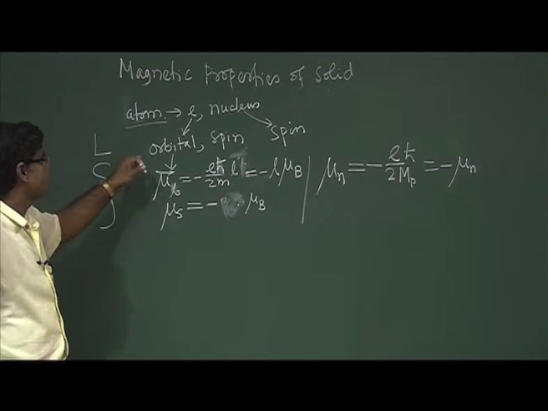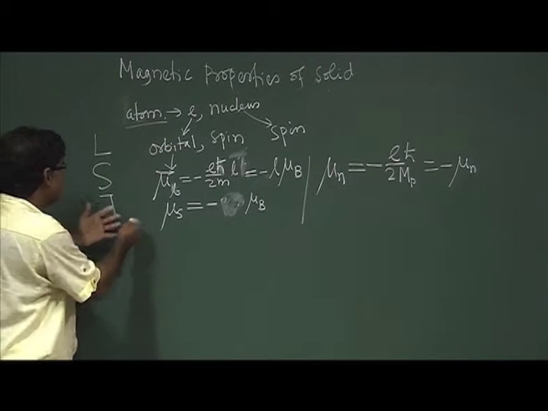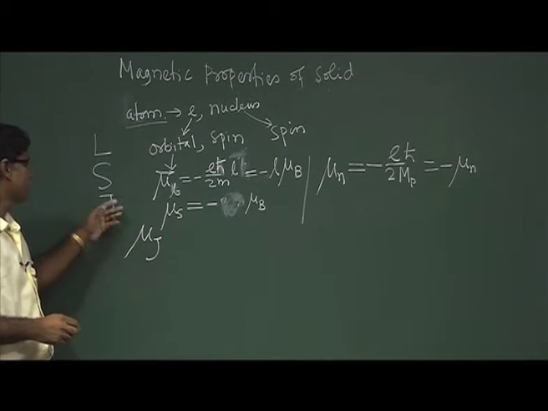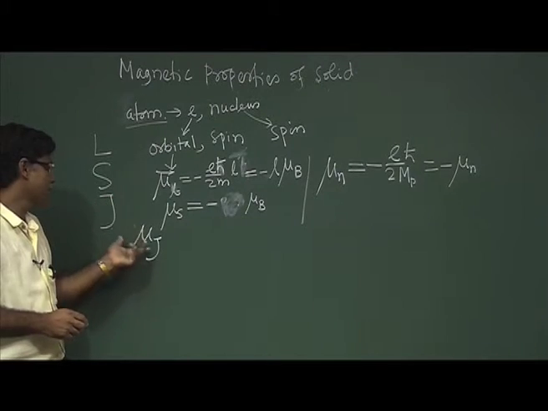So the atom has a resultant magnetic moment considering this total angular momentum, that is mu J.